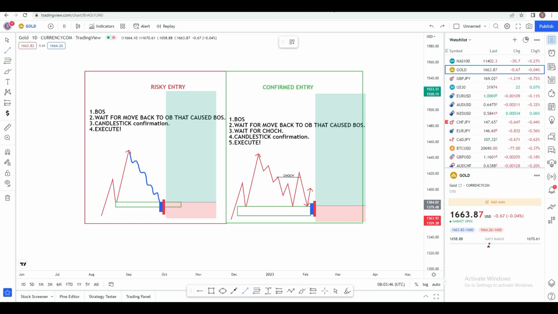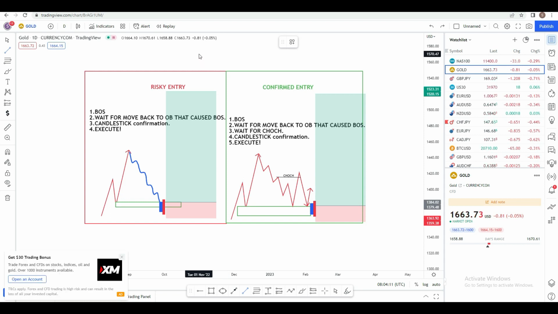So you need to understand the type of setups that you need to wait for, and also understand the risk before you execute. I feel like a lot of traders do not really focus on the risk. They just focus on taking any trade and over leveraging, and not really understanding that not every trade is going to work out.